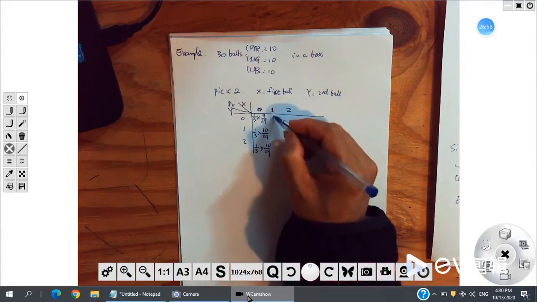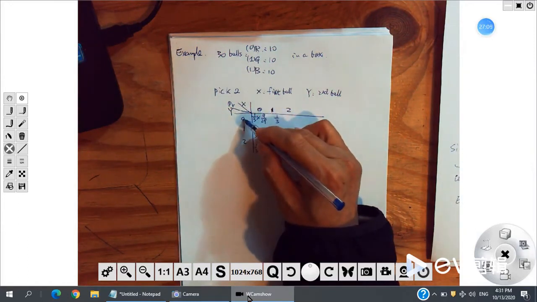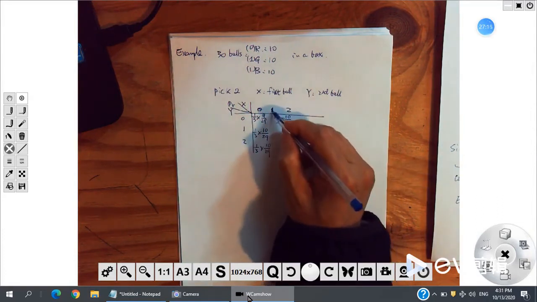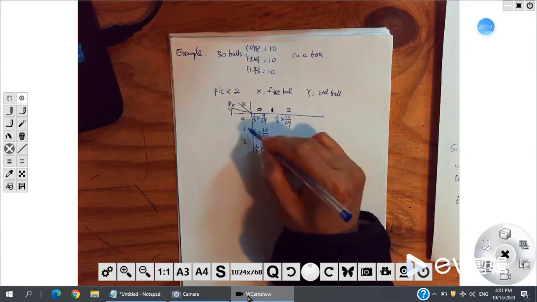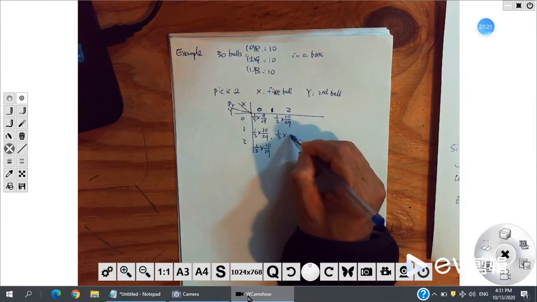And for the second column, we have a similar thing. The first bar, we have 1/3 possibility to take this green bar. Now the second bar is red, so this is 10/29, right? Then the first bar is green and the second bar is also green. Make sense?